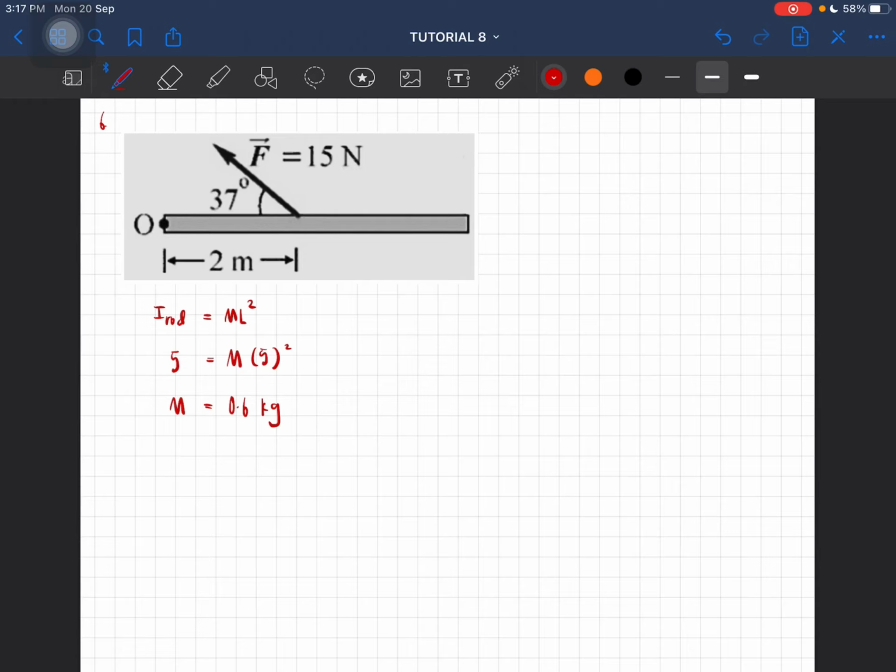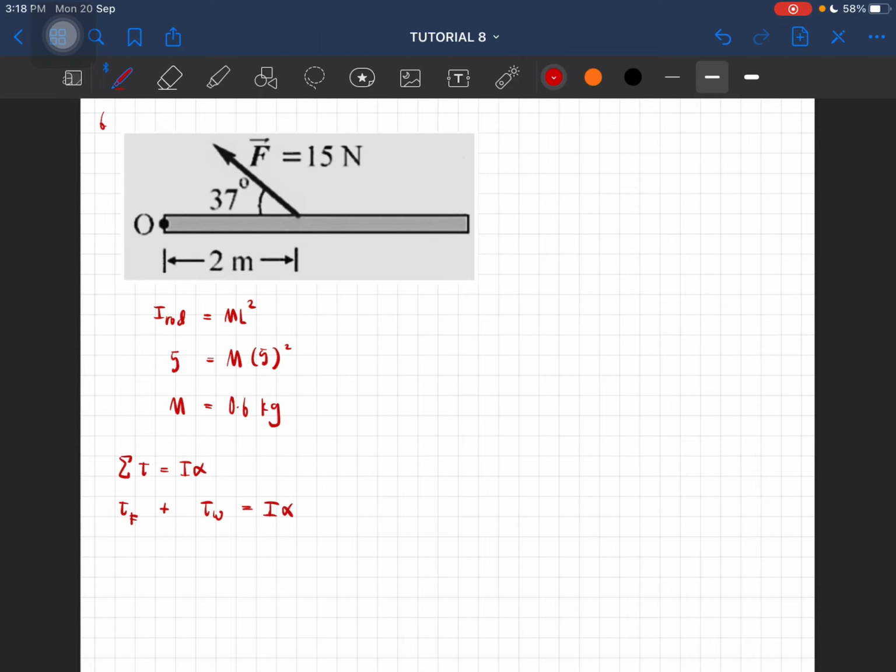Then we can use total torque equals I alpha, where we find the torque for the force F and for the weight of the beam, the rod.